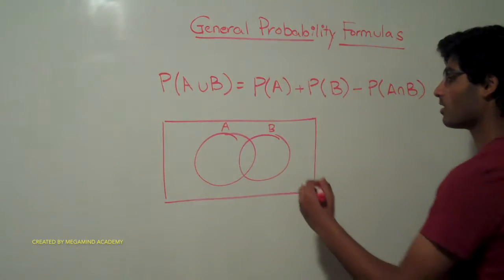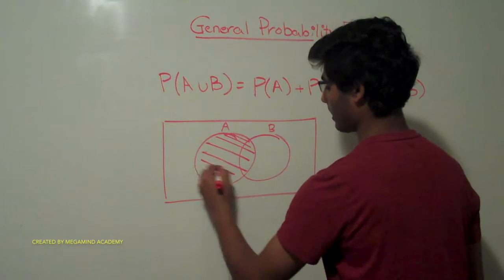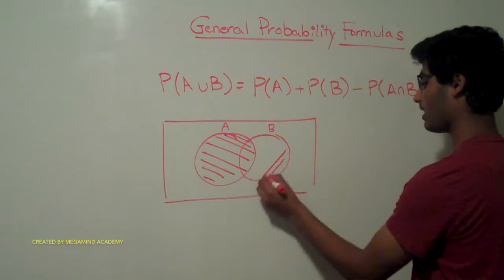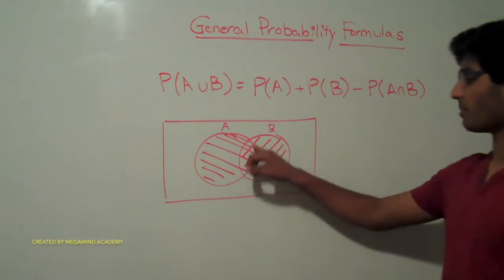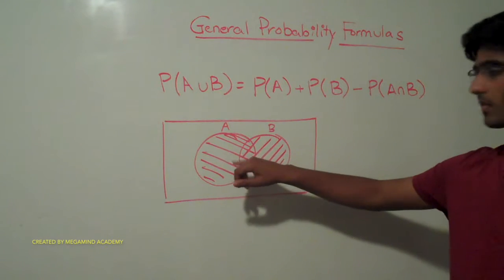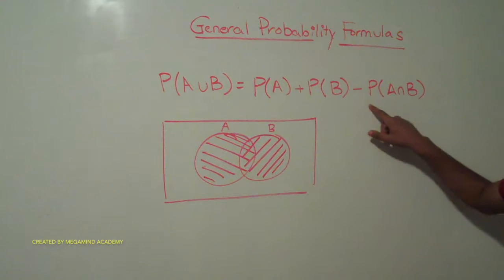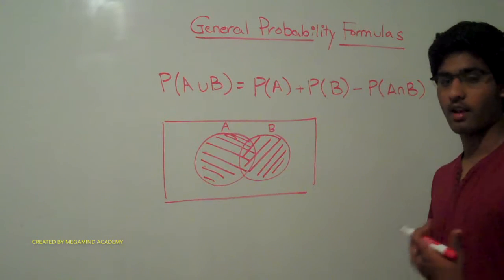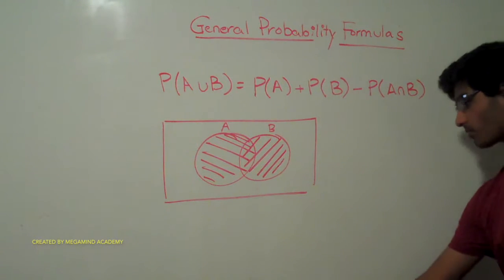If we take the probability of event A occurring and shade it in, and then we take the probability of event B occurring and shade it in the other direction, we get this area in the middle which has an overlap. Over here we can see that it's counted twice. So that's why we have to subtract it one time to get the total area and not overcount. So this is the general addition rule.